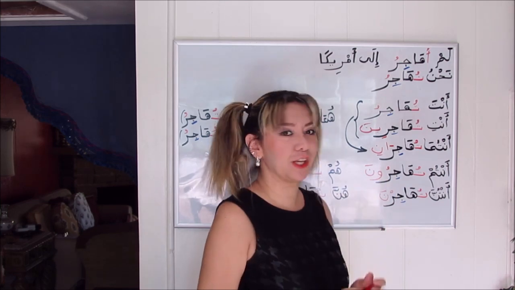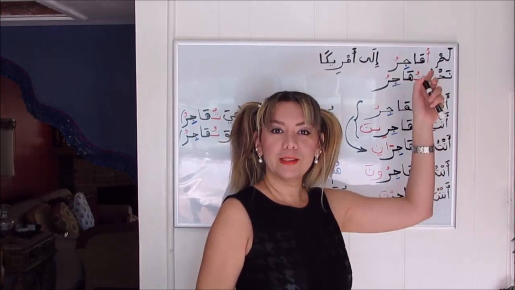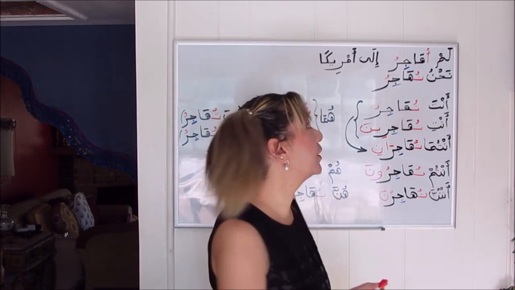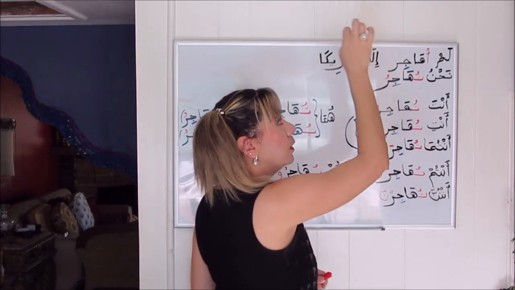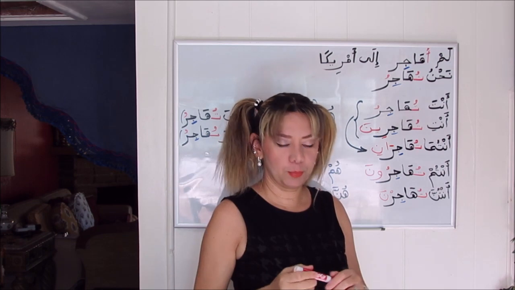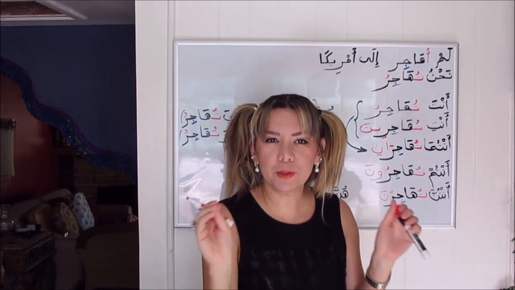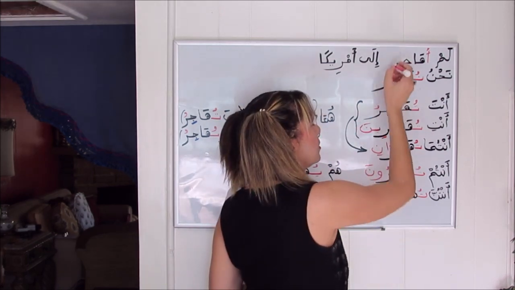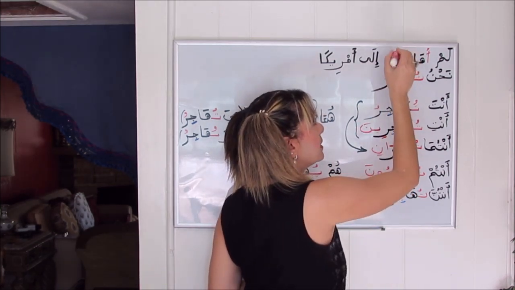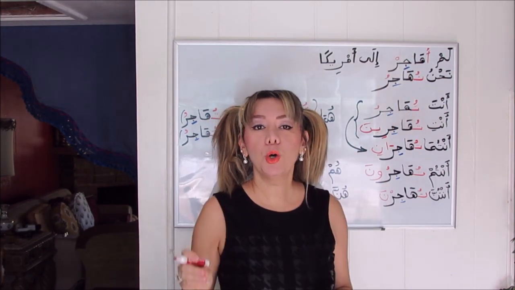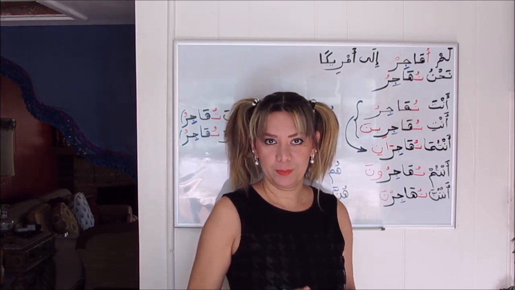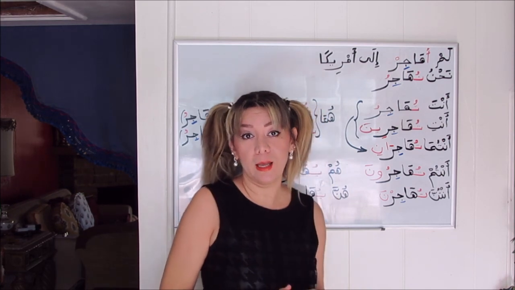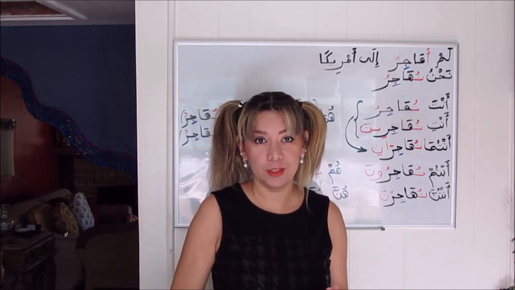How do we have to adjust the present indicative? We will eradicate the last vowel damma and put the zero sign, the sukun. Sukun looks like a zero, meaning that there is no short vowel. So لم أهاجر إلى أمريكا. I did not immigrate to America.